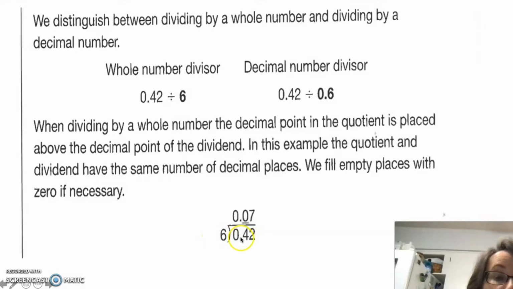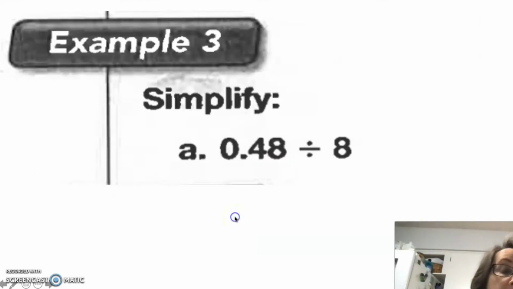We just move the decimal right up above it and place the decimal there, and then do the division just like normal. When dividing by a whole number, the decimal point in the quotient is placed above the decimal point in the dividend, so the decimals don't change. In this example, the quotient and the dividend have the same number of decimal places. We fill the empty places with zeros if necessary. So they're putting a 0 there.